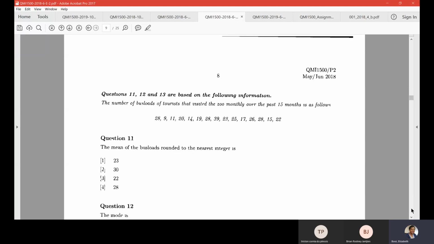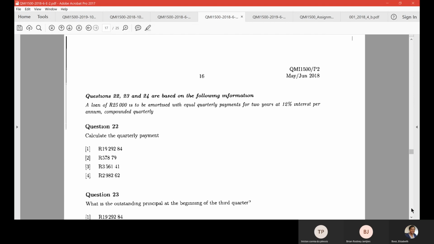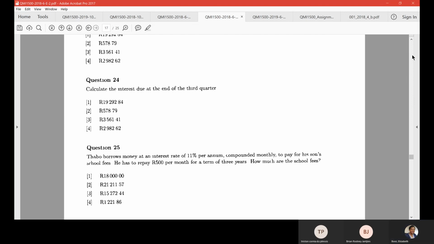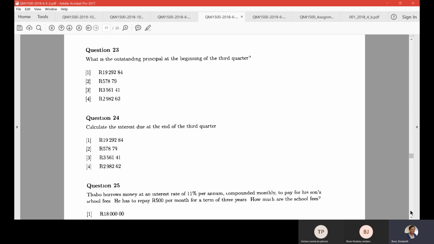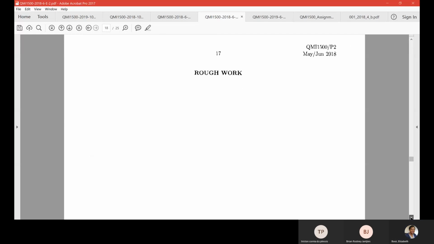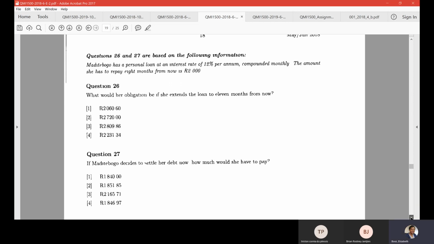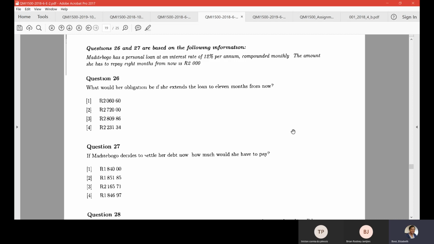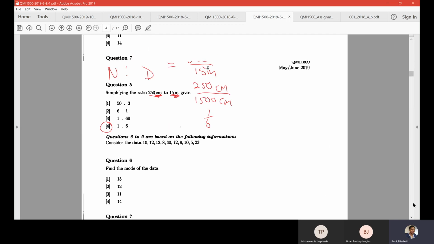It might be the same as paper 1 for some of the questions. Okay, still the same. So paper 2 was asking almost exactly the same questions. So we go to the next.